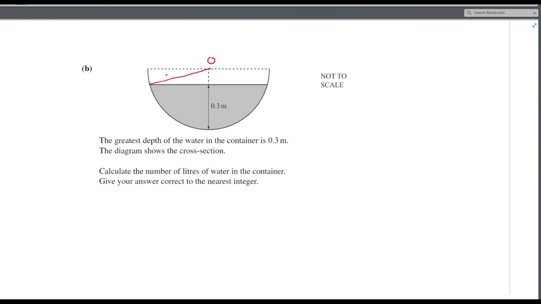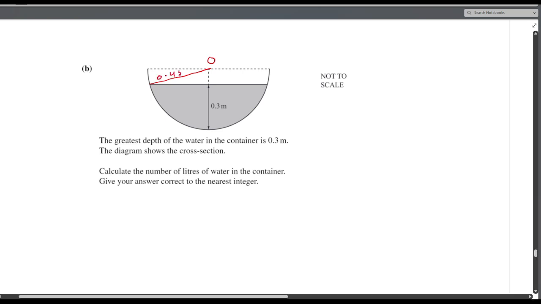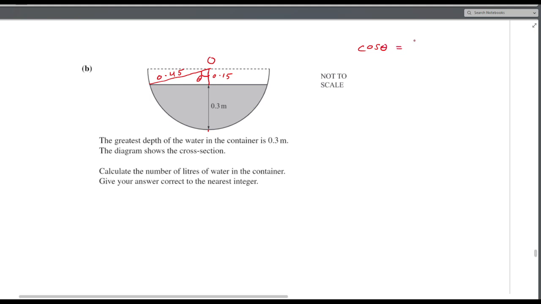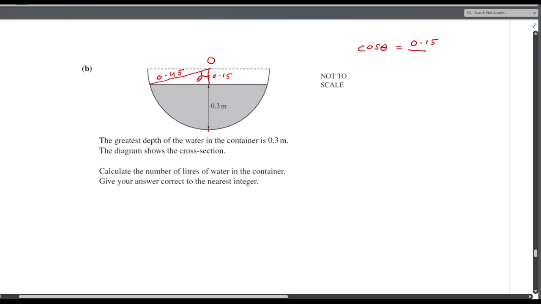So this length will be 0.45 and this vertical length, as from here it is 0.45, 0.3 if I omit, so it is 0.15. Now one thing I can do, I can find out this angle. This angle, let us say theta. So I will say that cos theta is equals to 0.15 divided by 0.45.